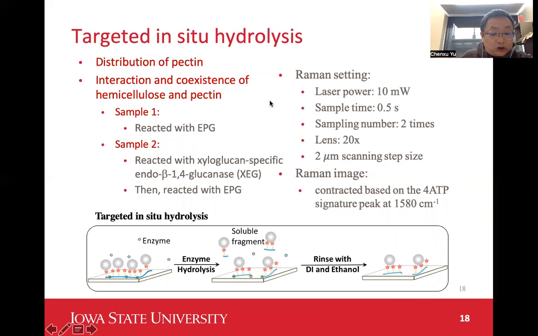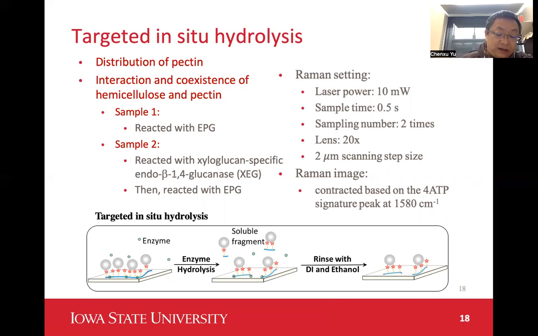And then we also, as I mentioned, use the second enzyme, which is the XEG, and this enzyme will hydrolyze away xyloglucan, which is a hemicellulose. The purpose of this is, in certain locations, we know that the hemicellulose, like xyloglucan, is bundled together with pectins. So in those regions, the pectins initially are protected by those hemicellulose against hydrolysis.